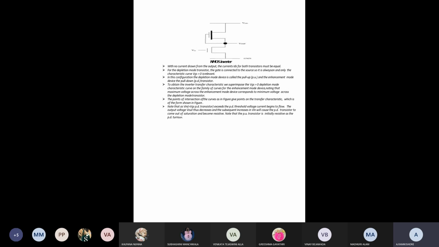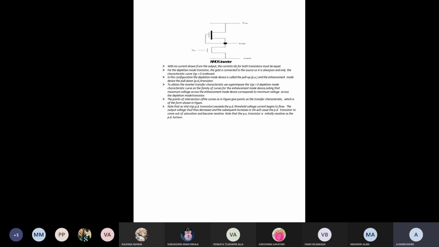So here the operation depends on Vin. In a depletion mode transistor, the channel always exists, irrespective of the input voltage. Here the gate terminal is combined with the source terminal of the n-type depletion mode transistor, that means we have shorted the gate terminal with the source of the same device.